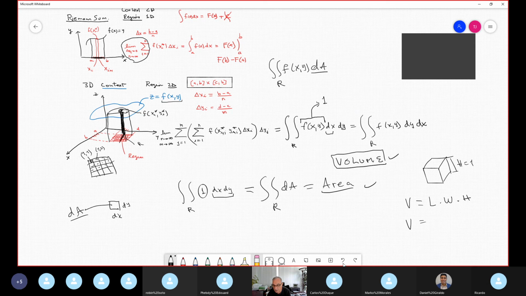Entonces, the volume is length times width times 1. The 1 is invisible. Entonces, this volume is equal to the area. Okay. Entonces, the artifice we can use is, when you want to compute area using a double integral, you suppose the integrand function is 1. Because actually, what we are doing is computing the volume, but supposing the height is 1.